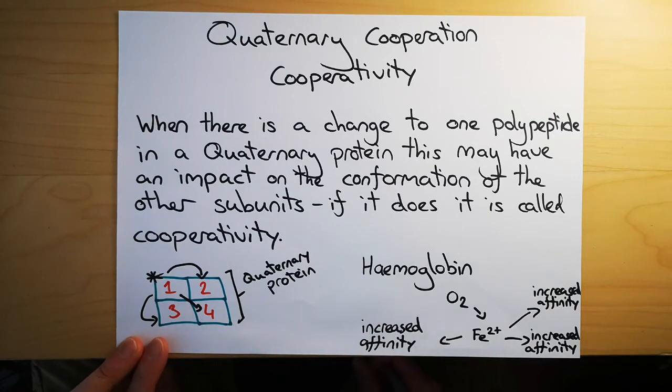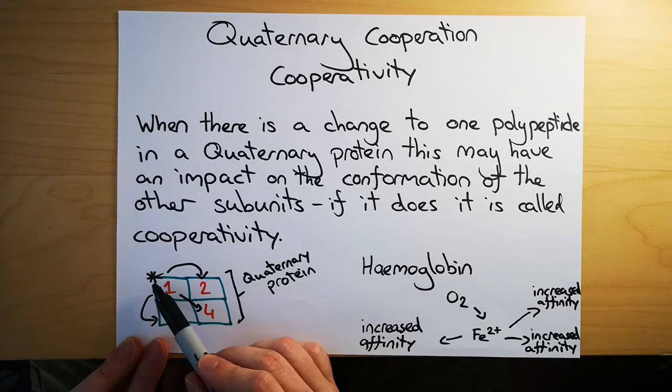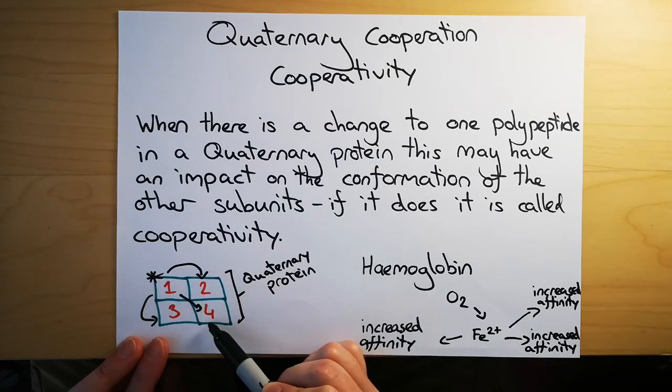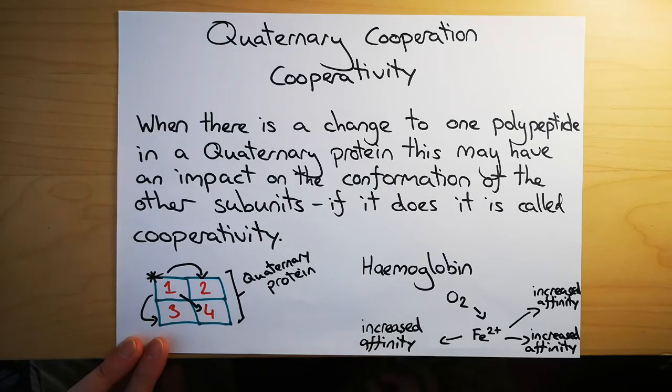So this protein is created from 4 polypeptides all interacting with each other. Now, if a ligand was to bind to 1, then 2, 3, and 4 would be changed in such a way as their activity would increase.